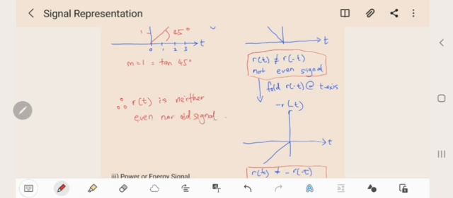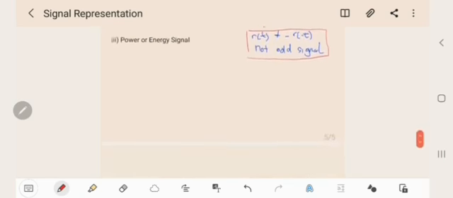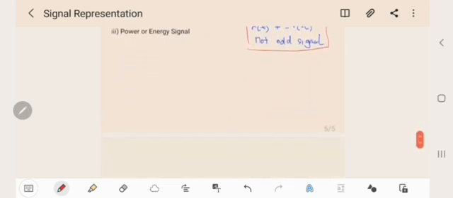Now we want to determine whether the ramp signal is a power or energy signal.